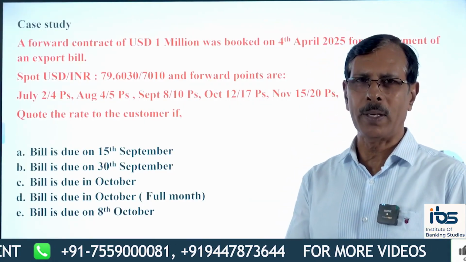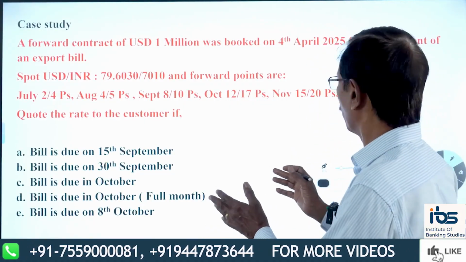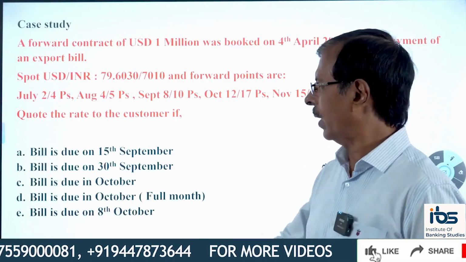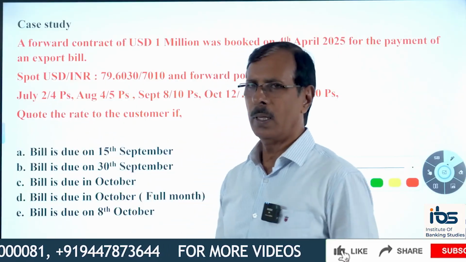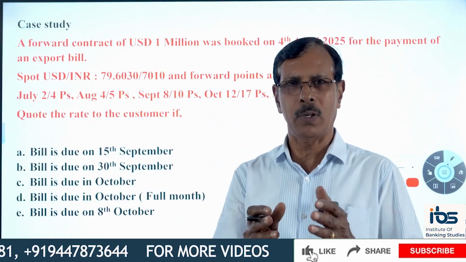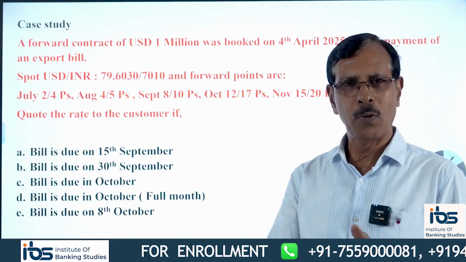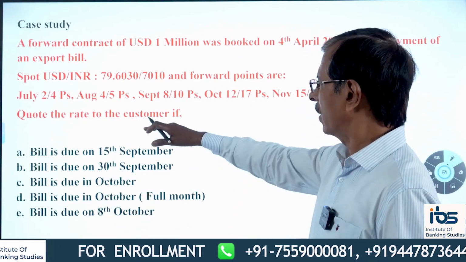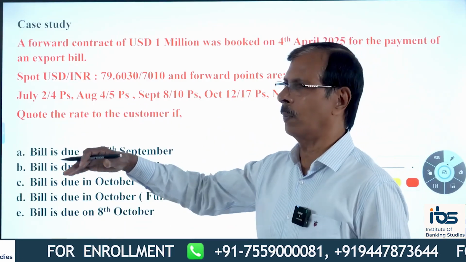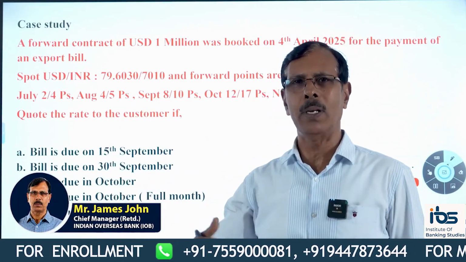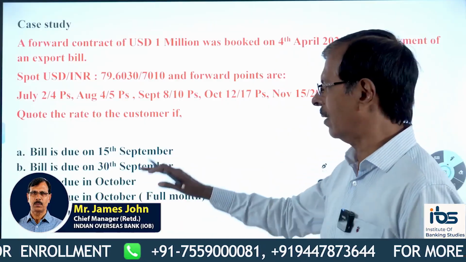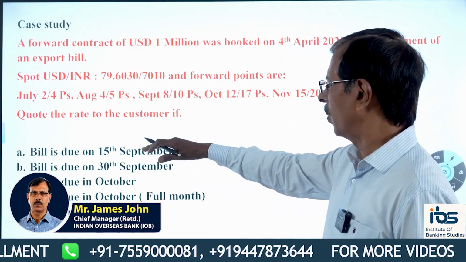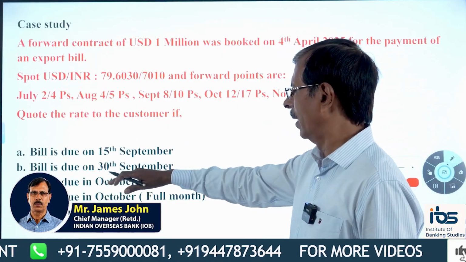When the forward points are given like this, take the first, July 2-4. That means 2 paise is for the buying transaction and 4 paise is for the selling transaction. Next, August 4-5 means the first 4 paise is the forward points for a buying transaction and 5 is for a selling transaction, and so on.